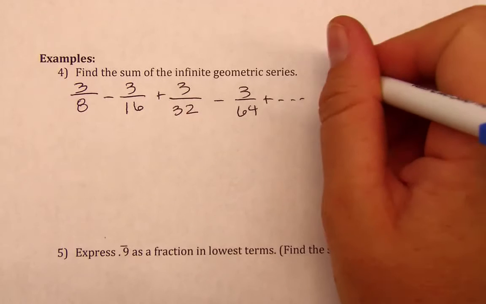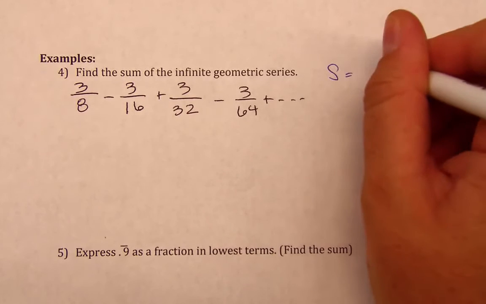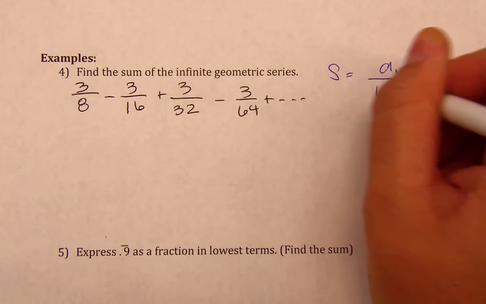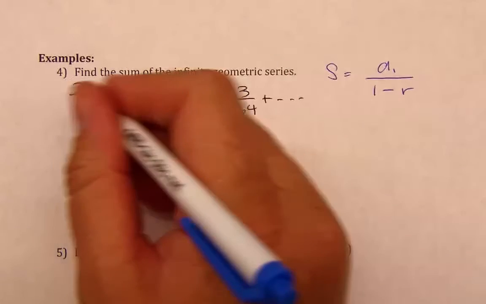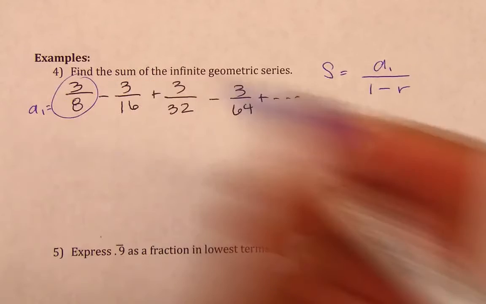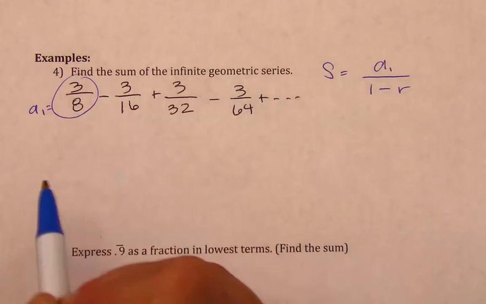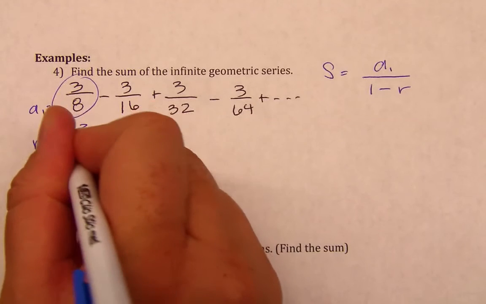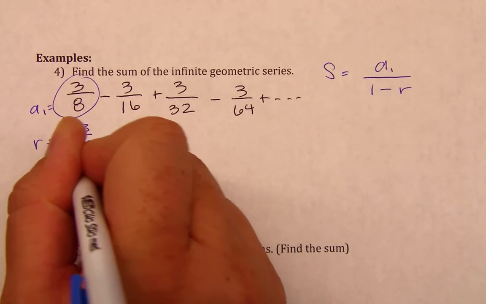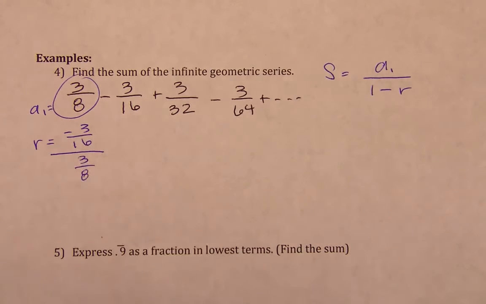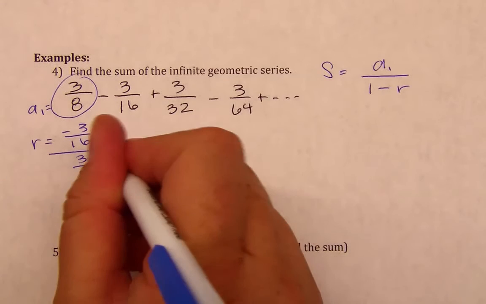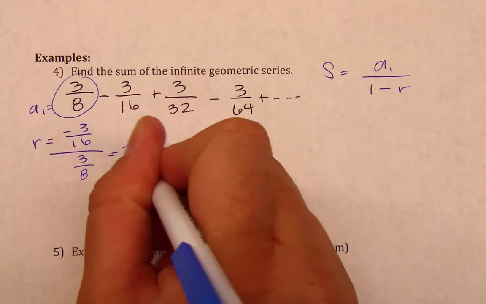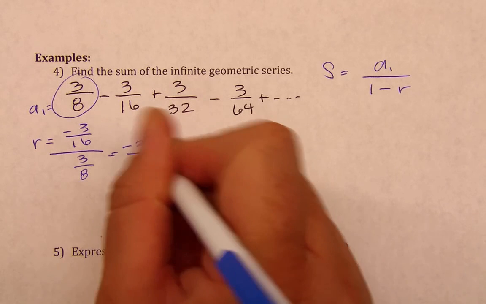Just to remind us, our formula is S equals a sub 1 over 1 minus r. So this is my a sub 1, and my r value I need to figure out. Negative 3 over 16 over 3 over 8 is going to give me my r value. I can simplify this: negative 3 over 16 times 8 over 3.